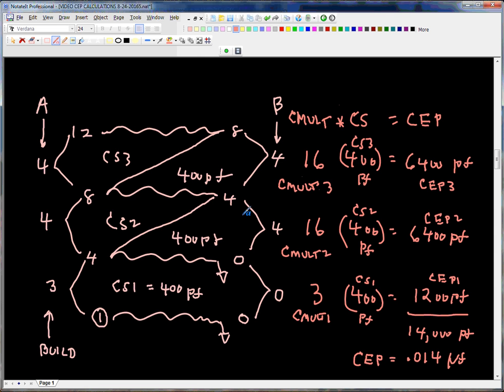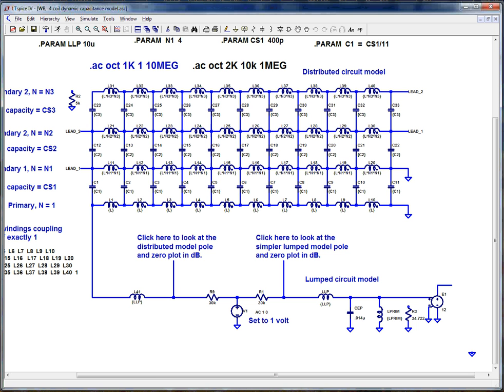Now let's go back and look at the program. Remember this number, 0.014 microfarad. And now we fetch the program. You see I have 0.014 microfarad in there already. Now we're going to run it.